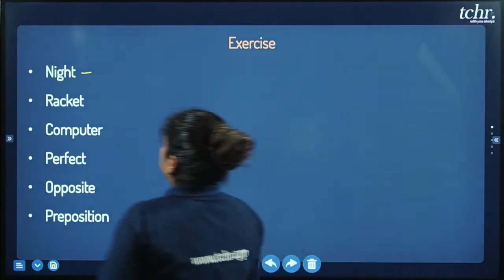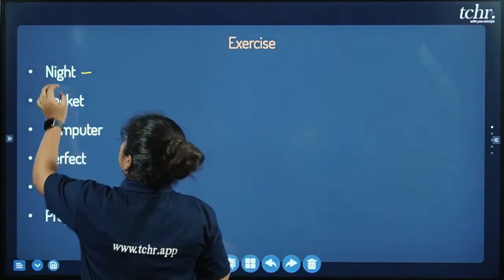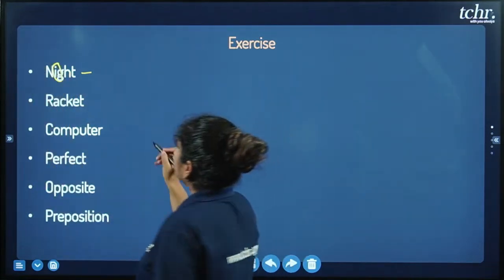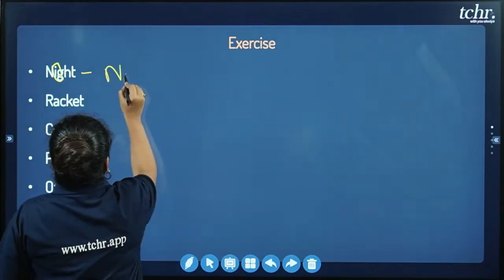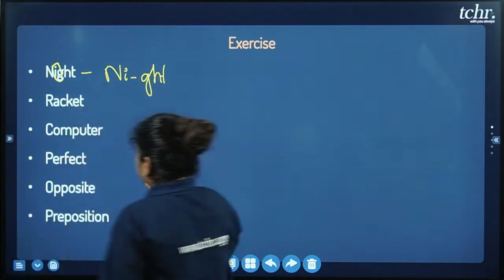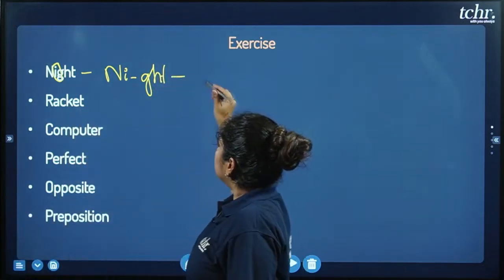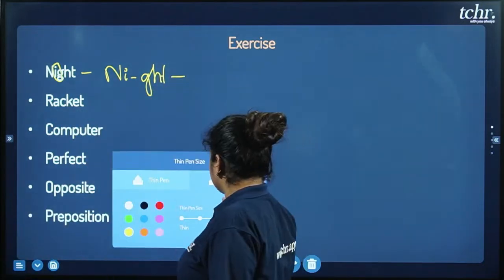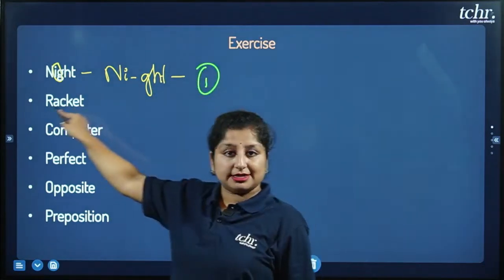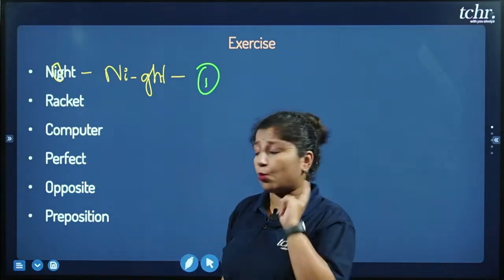Okay. Now, as soon as I look into it, I know there is only one vowel. How do I write it? Night. Okay. There is only one vowel. So, the number of syllables in this is just 1.